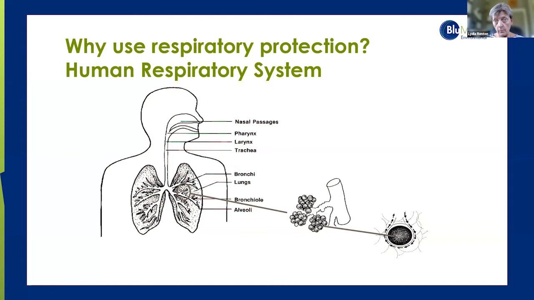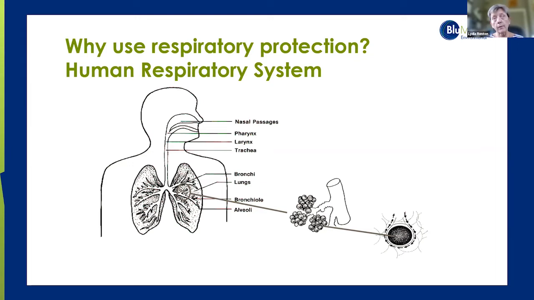The reason why we want respiratory protection is because of our human respiratory system. Without getting into a lot of detail, we inhale air through our nose and our mouth, and it goes down through the respiratory tract and into the lungs, which have branches called bronchioli and alveoli. That's where the actual gas exchange happens. Often, that's also where some diseases can be caused, either through the thickening of that membrane or slowing down the exchange process.